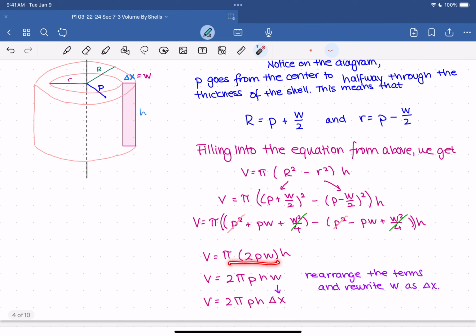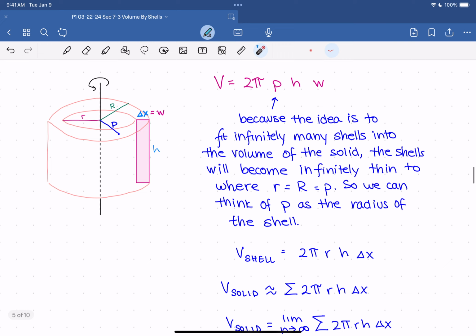And now we have a formula that has w in it, which is the same thing as delta x. And I get my formula for the volume of a shell. So it's 2 pi, P is really the radius of the shell, h dx. And here I talk about that. Remember how we're going to fit more and more shells in order to get a better and better approximation for the volume. The more shells we fit in, the thinner this rectangle gets until we have an infinite number of shells, which means this becomes infinitely thin.